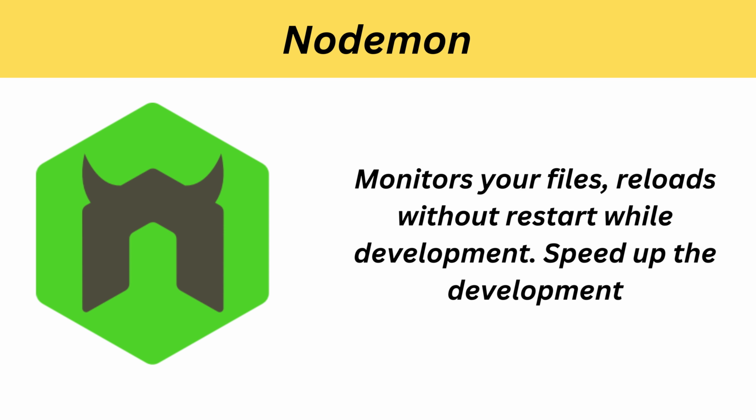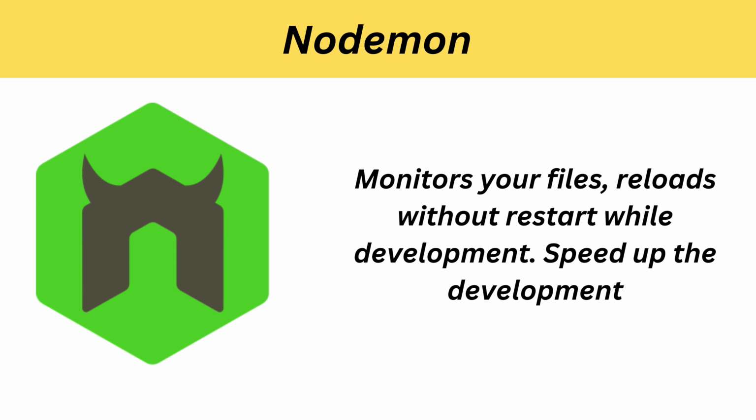You don't have to do anything else. All you need to do is make changes to your file and save it. As soon as you save it, it reloads the server so that all the changes you've made are automatically reflected on the API.